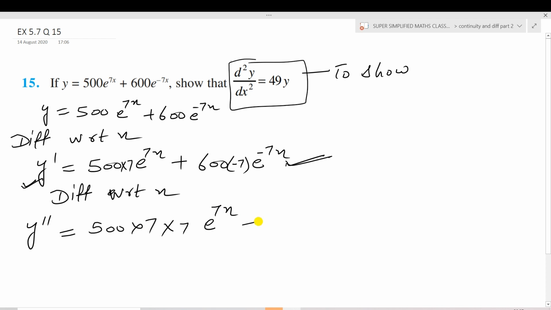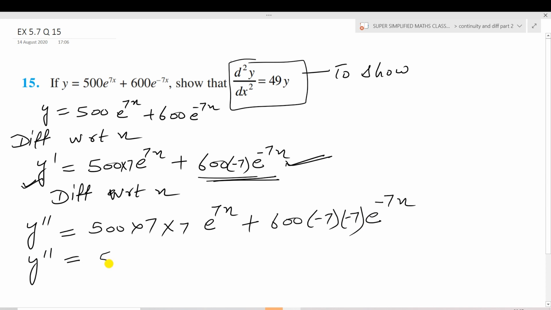Similarly here for this term 600 is a constant, minus 7 is a constant, and we write the derivative of e minus 7x, which is e minus 7x into minus 7. I rewrite the same equation by simplifying: 500 into 49 e7x plus 600 into 49 e minus 7x.